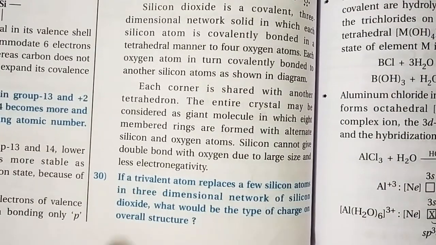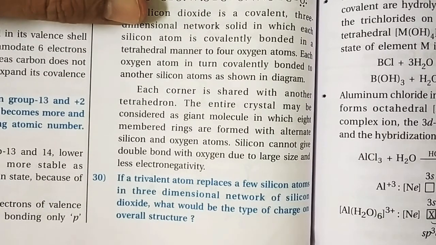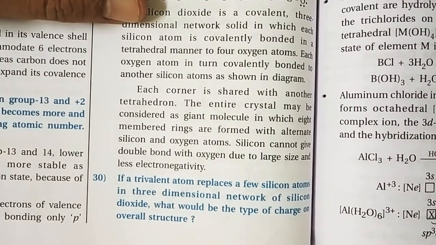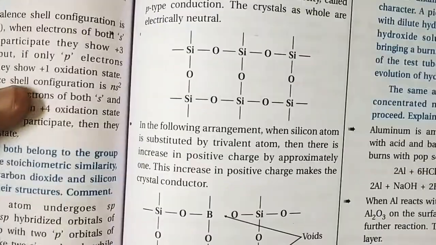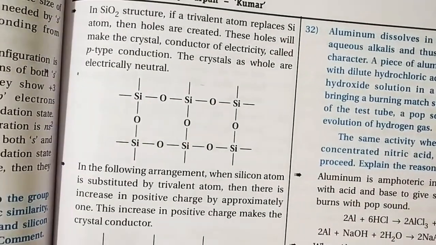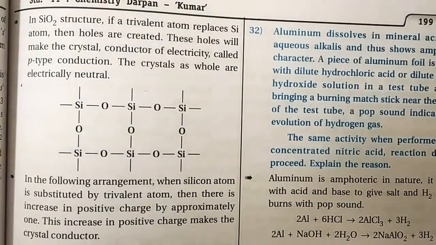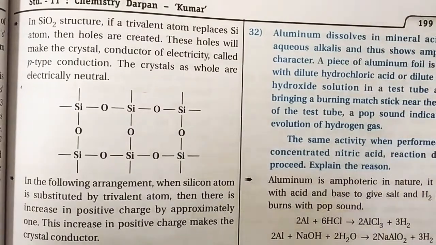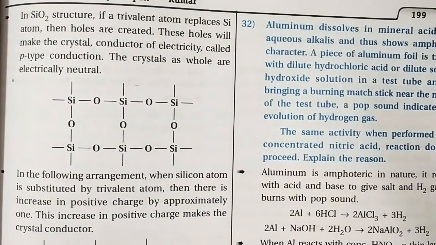Question number 30. If a trivalent atom replaces a few silicon atoms in a three-dimensional network of silicon dioxide, what would be the type of charge on the overall structure? Once again, in SiO2, if a trivalent atom replaces a silicon atom, then holes are created, and these holes make the crystal a conductor of electricity, called p-type conduction.